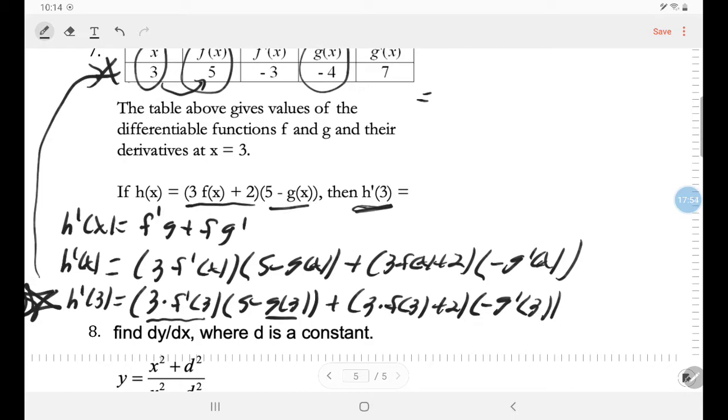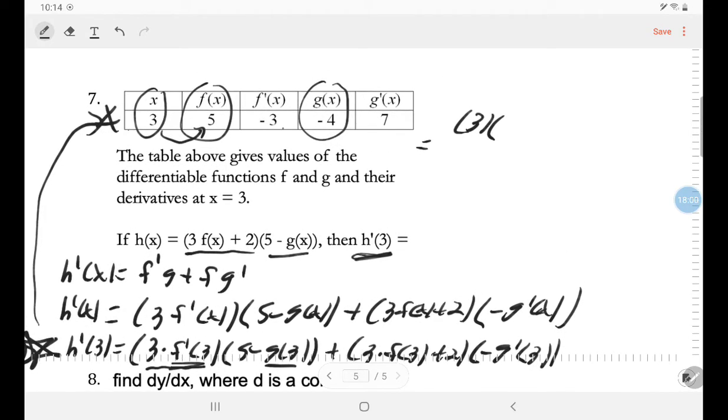So we're taking 3 times not f of 3, but f prime of 3, which is negative 3. That's better. Here, let me write that a little better here.